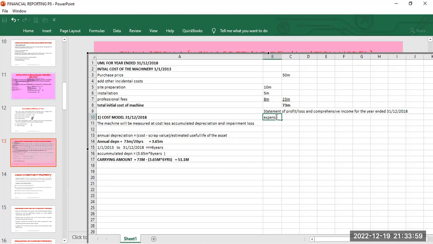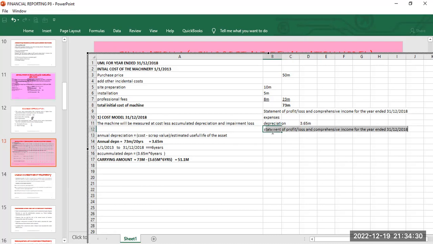We are only taking 1 year, which is the depreciation for only 1 year. Remember, this depreciation is going to be accruing every year. The 3.65 is going to be there every year on a straight line until the end of the useful life of the asset. So for us, we shall be taking only the 3.65 million.